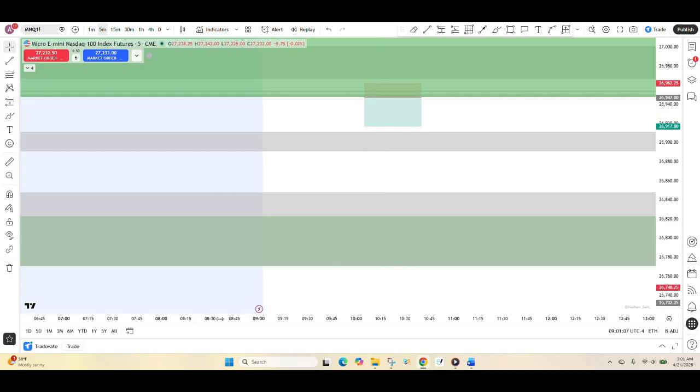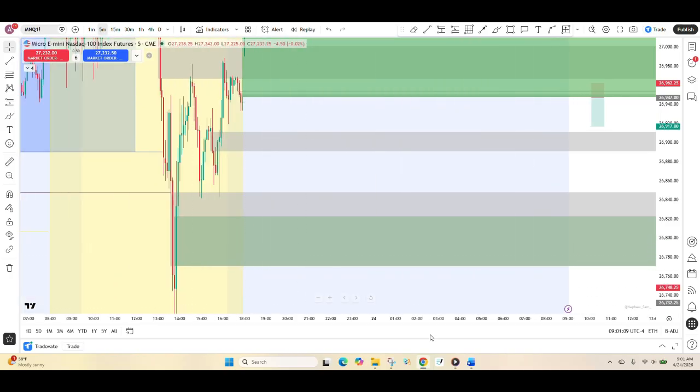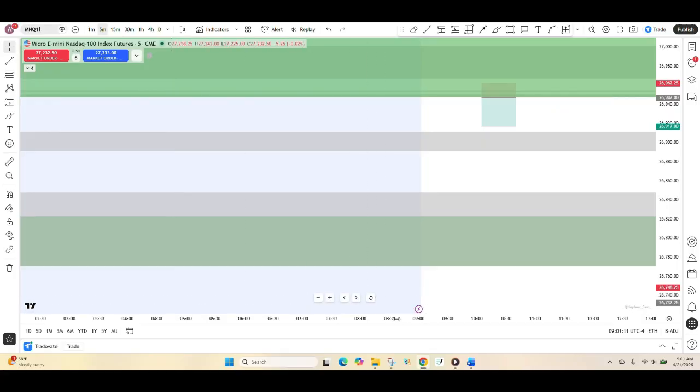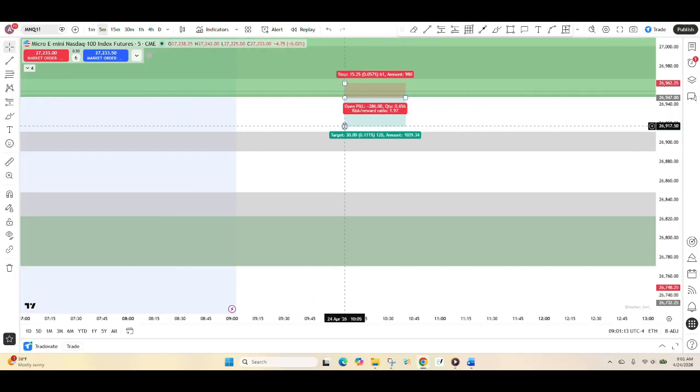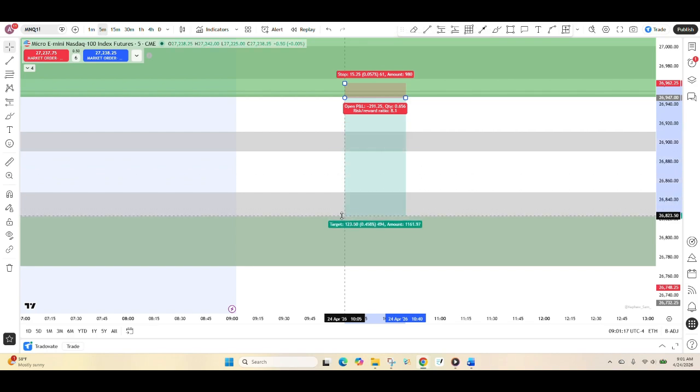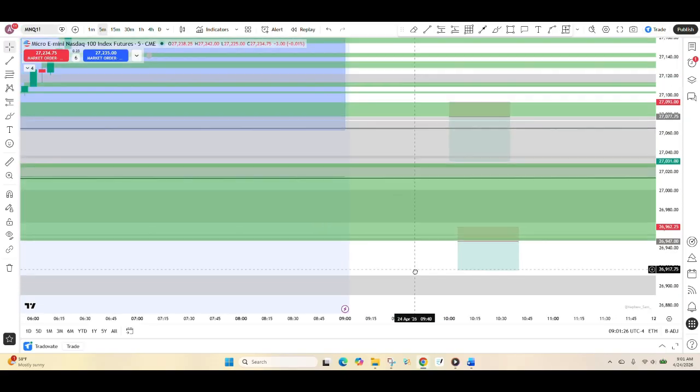Is it green or gray? Green. Fair value gap also. Well, if it does happen, I could target all the way down there. I don't think I am, but that'd be crazy. I don't think it's going to happen. Could be, but I'll just stay where I am for now, and then we'll see what happens later on.